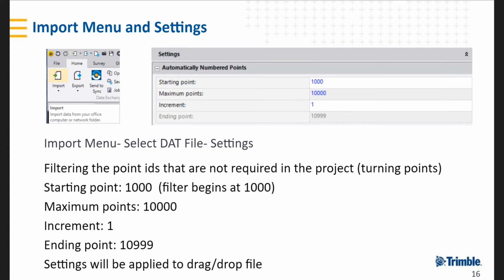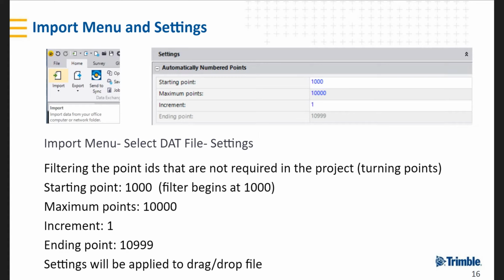This example shows we're going to start at point 1000, with maximum point 10,000 for turning points. I'm just going to increment the point number by 1, and then it tells us the ending point is at 10,099.9.